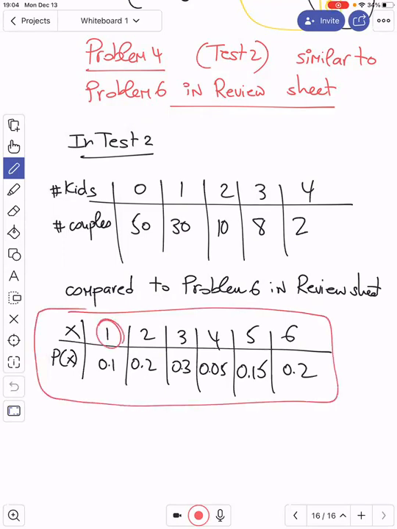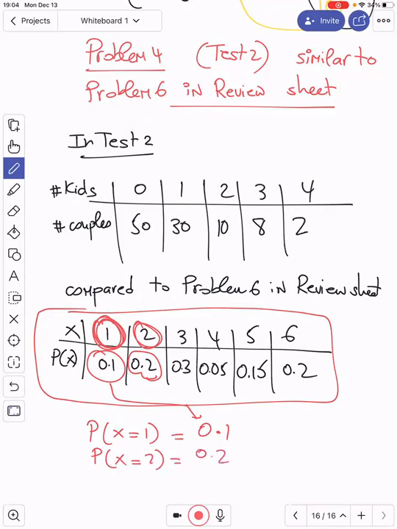for each value of x, you assign the probability of x. When x is 1, the probability that x is equal to 1 is exactly this number here, 0.1. When x is 2, the probability that x is equal to 2 is 0.2, etc. So for each value of x, you assign the probability of x.